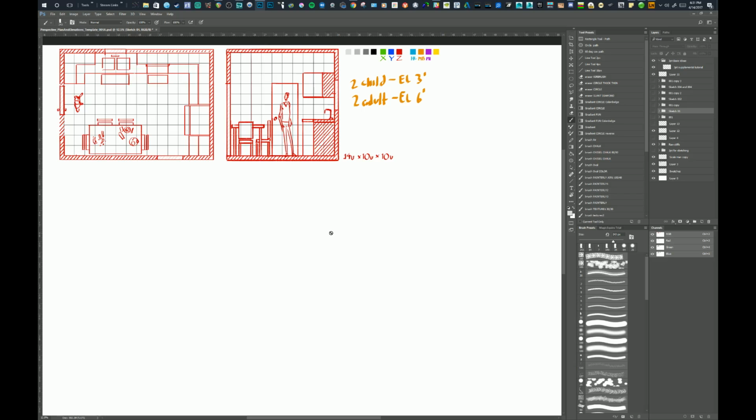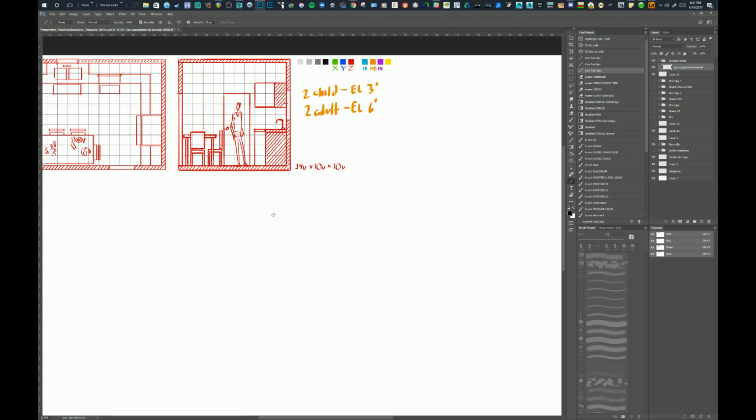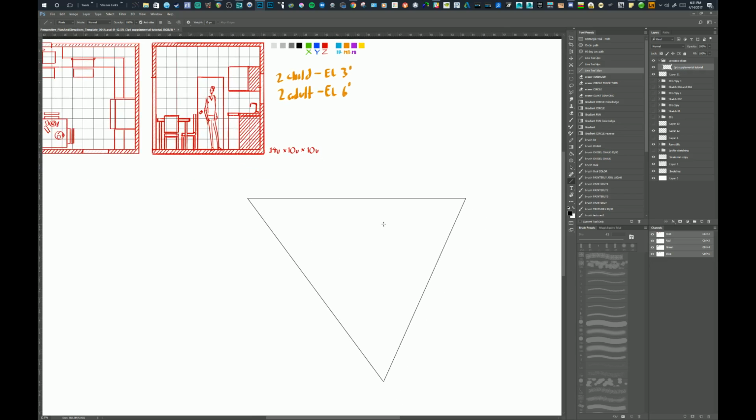First thing is just understanding the space, right? There was an assumption that you already knew what the triangle was at this point. So the triangle consists of 3 vanishing points.